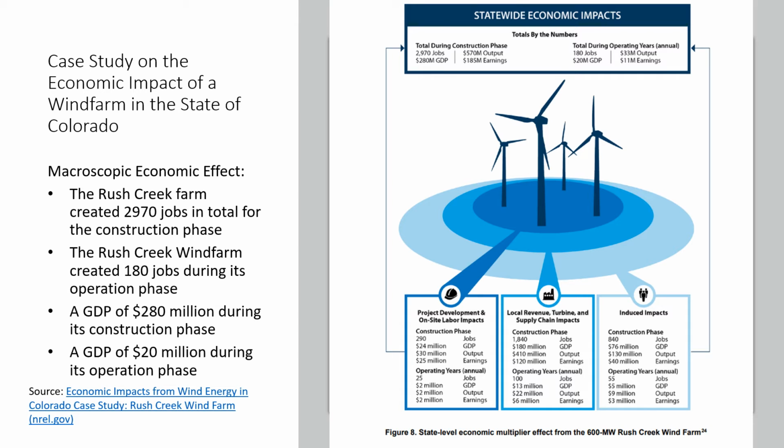Also, let's take a look here on the right-hand side. There are some statistics on the macroscopic economic impact of a wind farm located in a rural community in the state of Colorado. During its construction phase, it created a bit under 3,000 jobs and a GDP of $280 million. During its operational phase, it created 180 jobs and a GDP of $20 million.